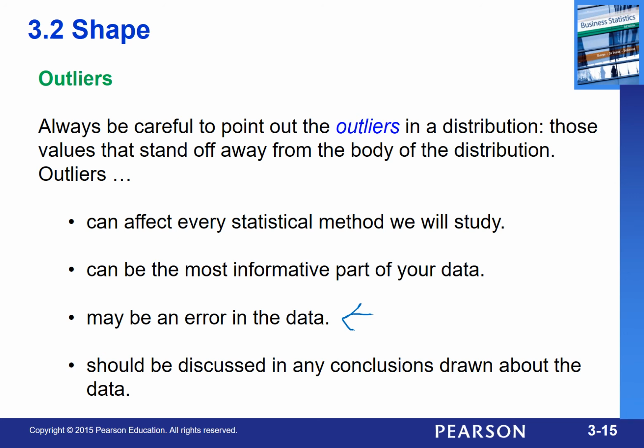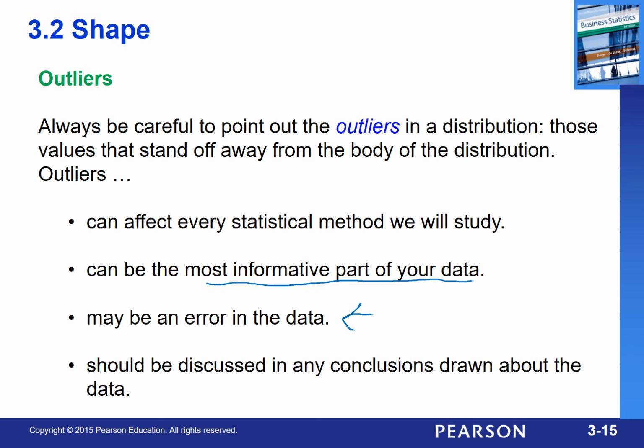Now, it could be that your outlier just happens to be an unusual measurement in your data. Like if I did the heights of my entire class and I happen to have one basketball player that year and everybody else was not a basketball player, it's quite possible that I have one unusual measurement in my data set of heights, and that person, although different from everybody else, still belongs there because he's a part of my data, although he might be unusual. In which case, this is an informative piece of your data.